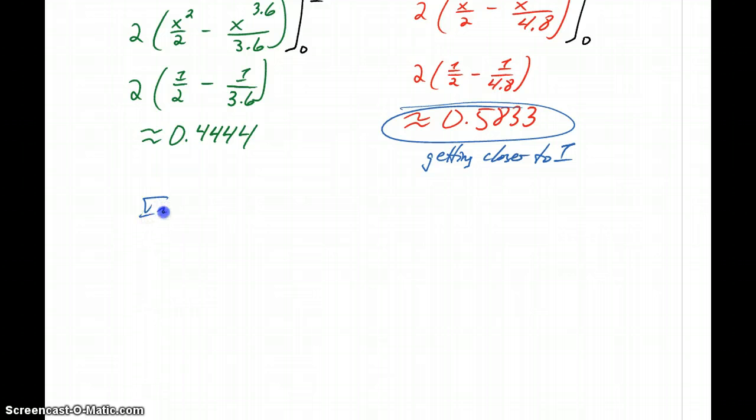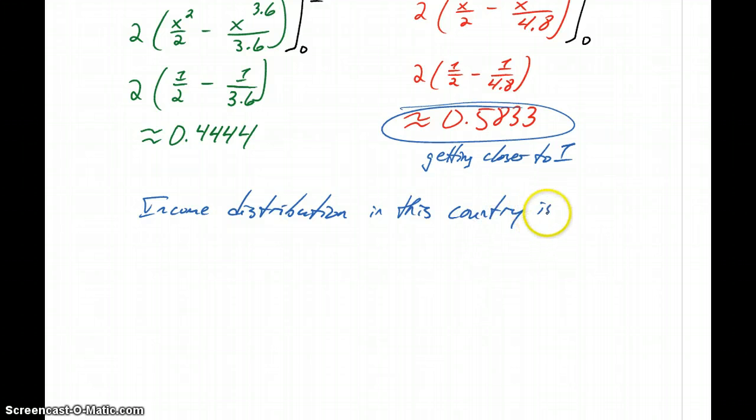So what we can conclude is that income distribution in this country is becoming increasingly unequal.